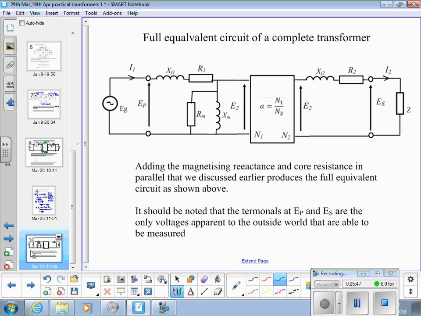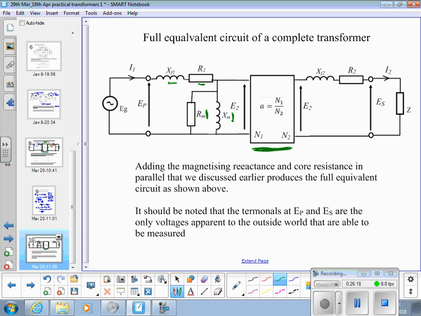XF1 is representing the leakage flux, R1 the resistance of the windings, RM the core loss heating, XM the magnetising current. In the middle, we've got our old friend, the ideal transformer, with its ratio A equal to N1 over N2.